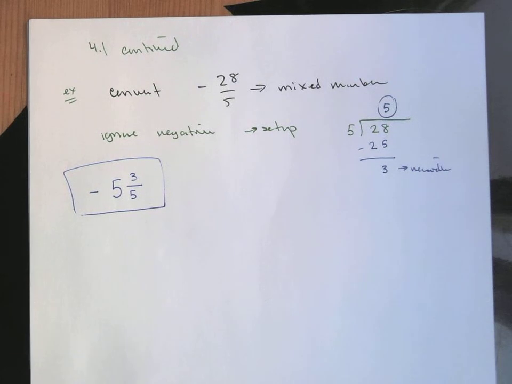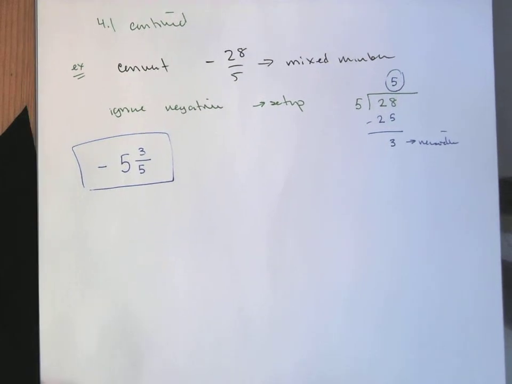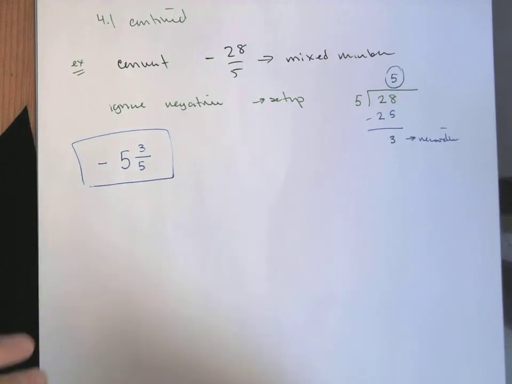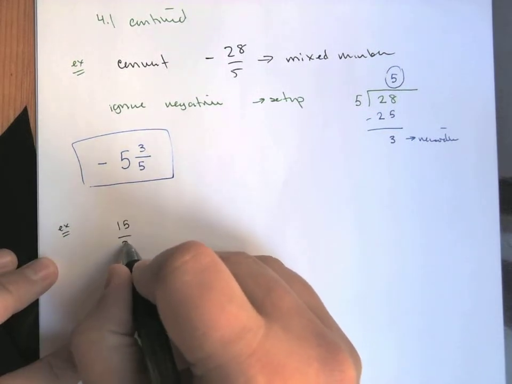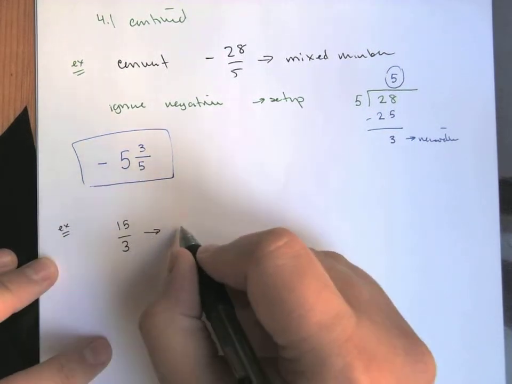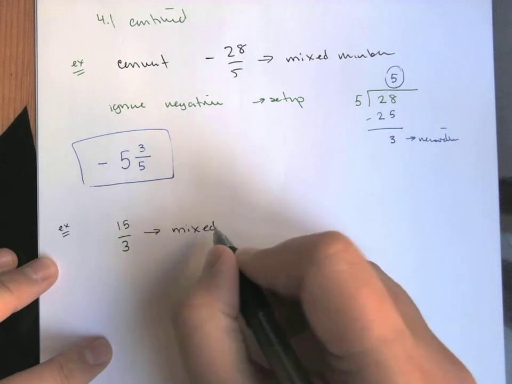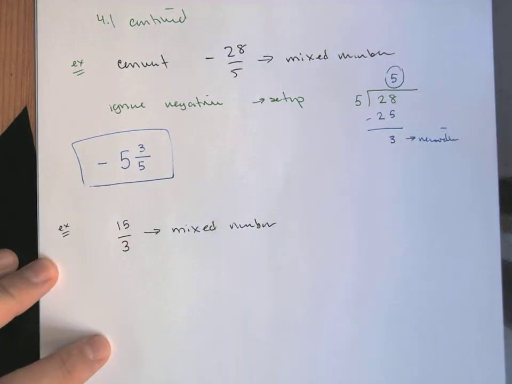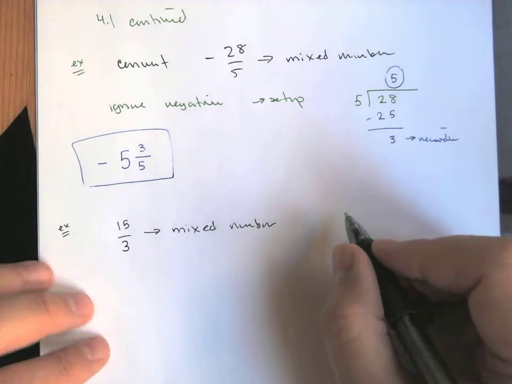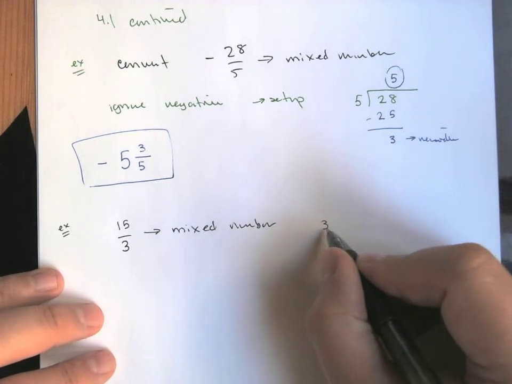Let's take one more example from the other page. We had 15 over 3. Sometimes what will happen is you do the division and you don't get a remainder. That's fine, that's one less thing to worry about. You're just going to end up with a whole number.